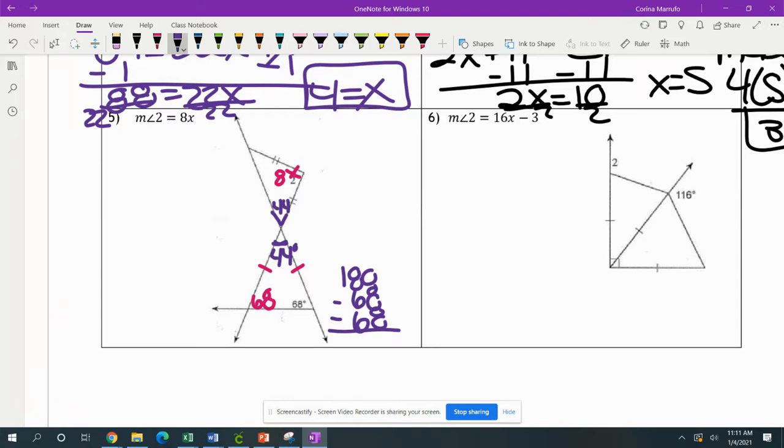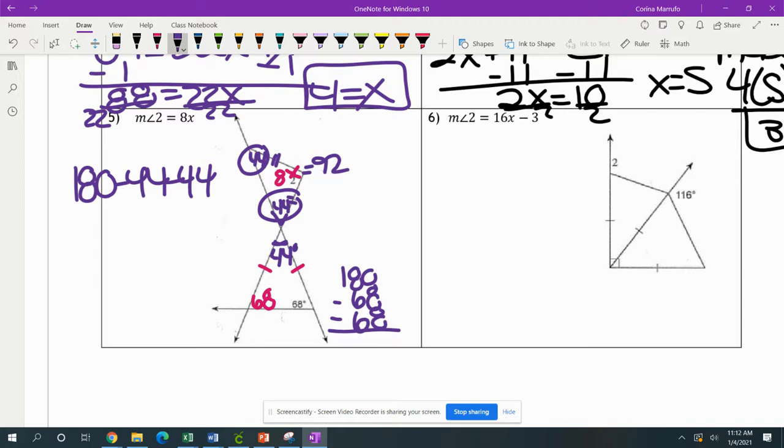Okay, then they also tell us that these two sides are the same, so that's 44, and this is 44. And we know that these three angles need to add up to 180. So we're going to go ahead and do 180 minus 44 minus 44 to get that third angle. And that gives us 92. So that means that this is equal to 92.